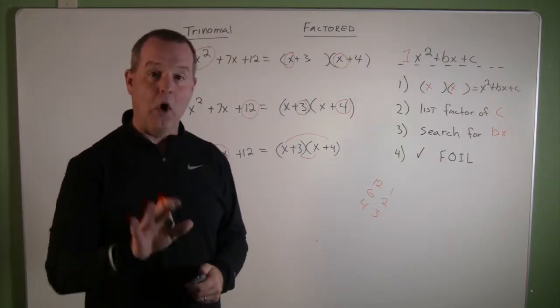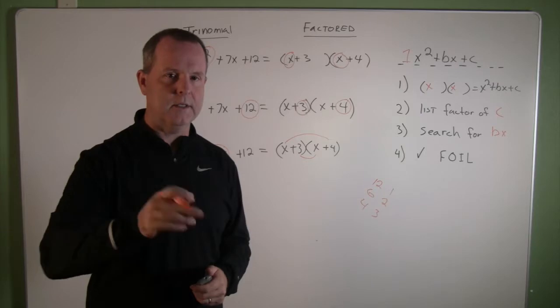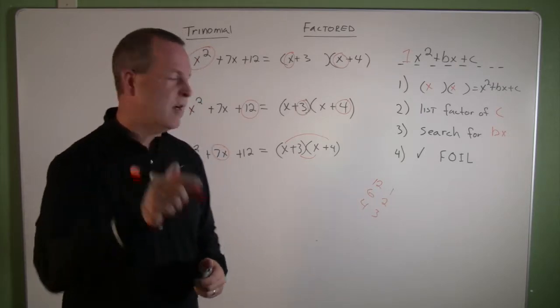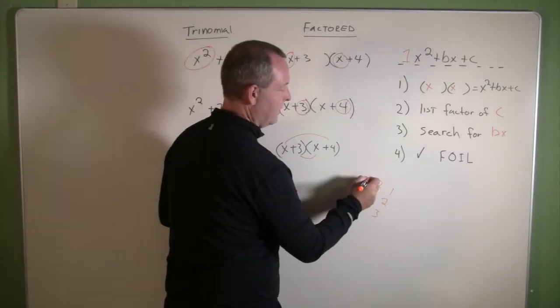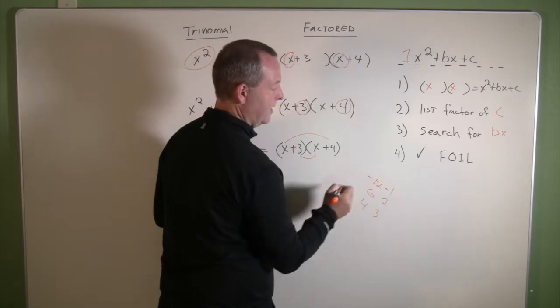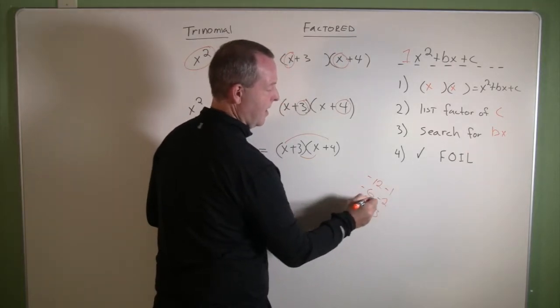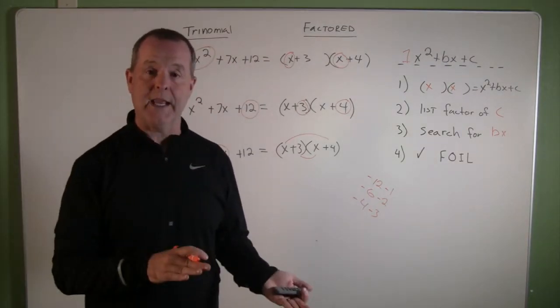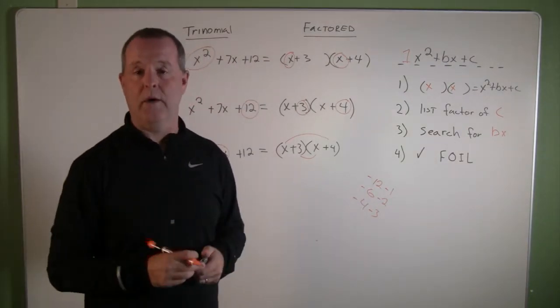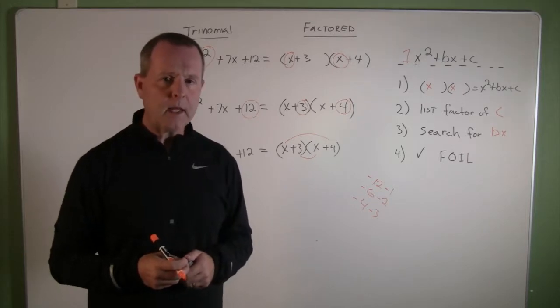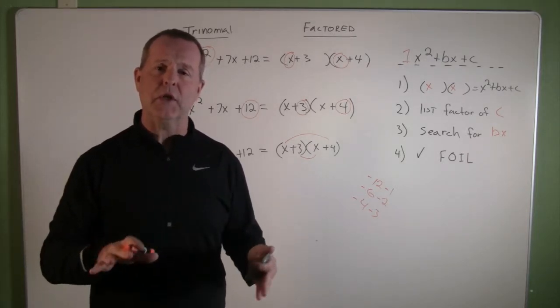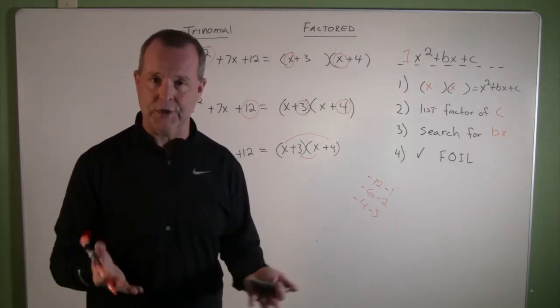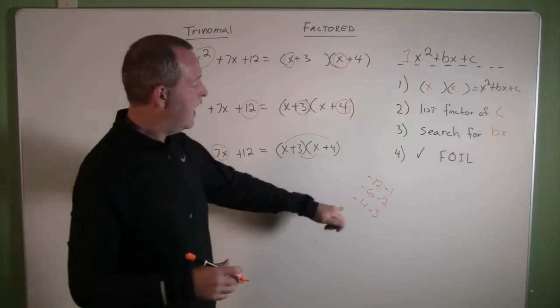Actually, that's not all the factors. Can you think of a couple more factors? Yeah, some of you are seeing what happens. What about minus 12 and minus 1, minus 6 and minus 2, minus 4 and minus 3? When I multiply those together, I get 12 as well, in fact a positive 12. Now, we're just looking at integer factors.